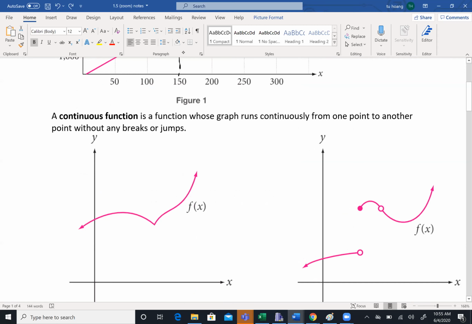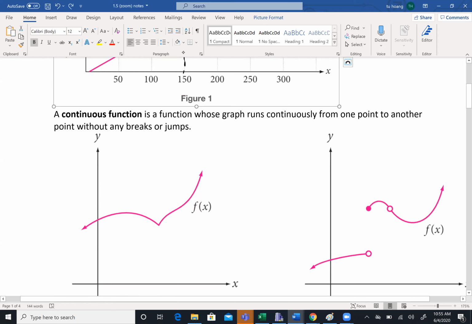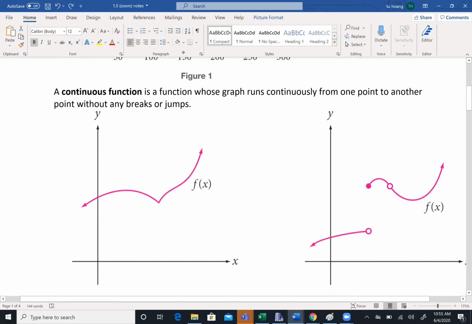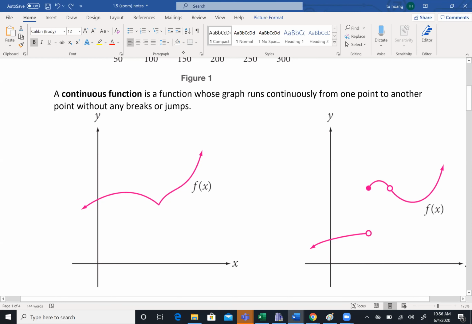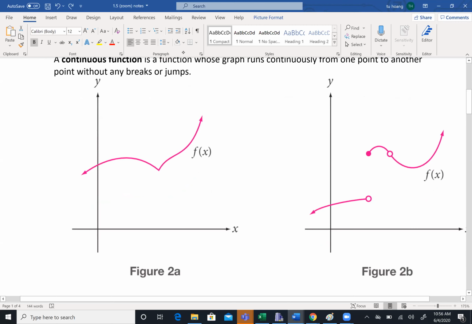Here we go. I have two other graphs here, to say which one is a continuous function. For the first figure on the left-hand side, figure 2a, I noted that the graph just runs continuously from the left to the right with no break or jump.